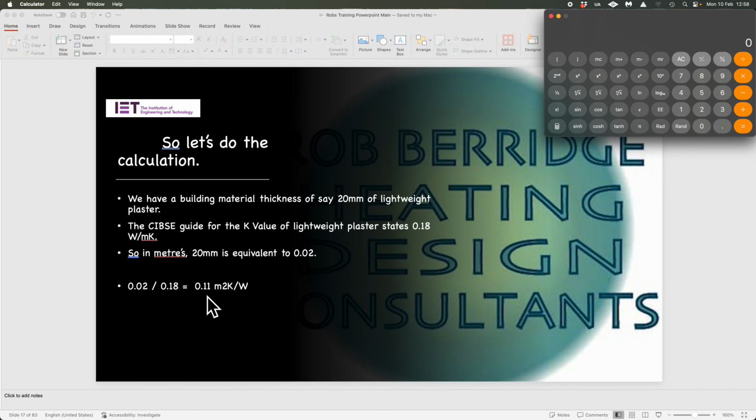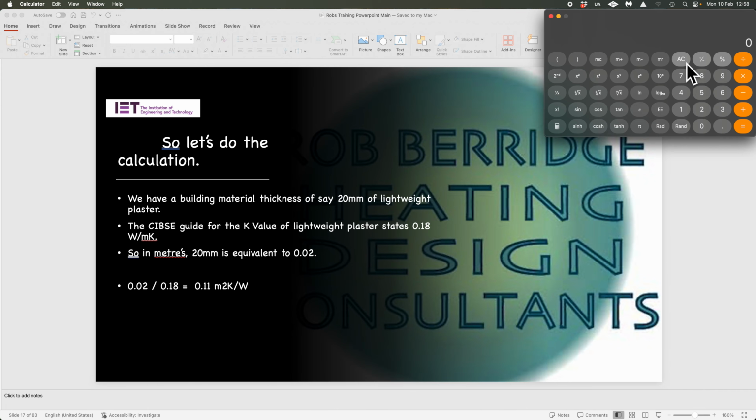That's our R value. So let's just try it and see what we've got. 0.02 divided by 0.18, and there you have it, 0.11 recurring. So very important to try these, get the calculator out and check them out.